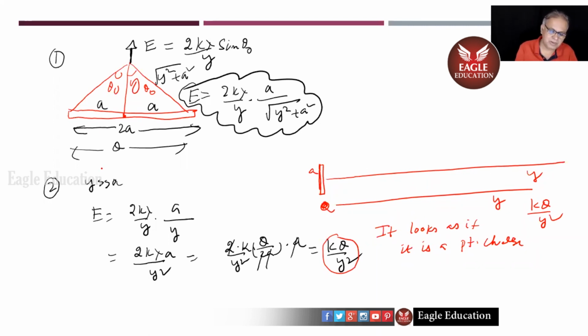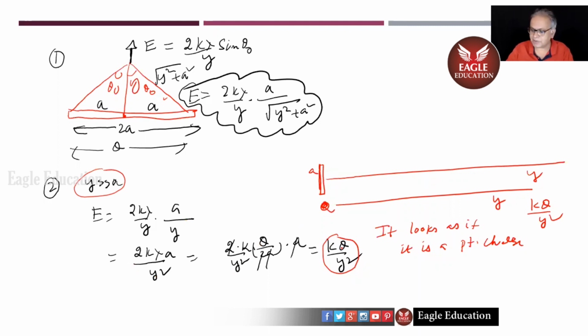So remember, anytime you do something new like this, and its limiting cases are the known cases, then this result is actually correct. Or in other words, this case becomes a general case of the special case kq by r square. I told you already, we cannot have true point charges, yet we wrote kq by r square. But what kind of approximation can make it a point charge?